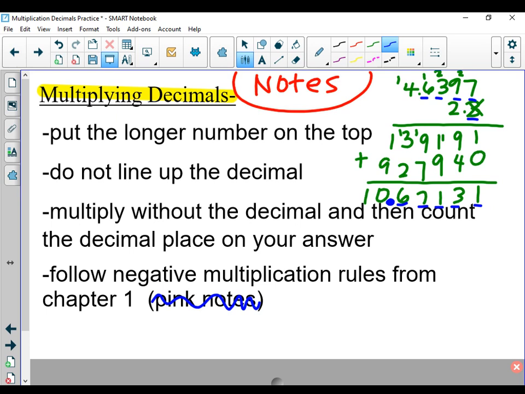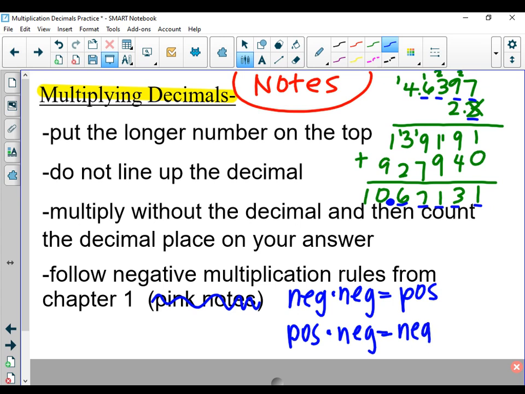And then remember to follow the multiplication rules from chapter 1, where a negative times a negative is a positive. One of each is a negative. If you need more time to write that stuff down, please pause.